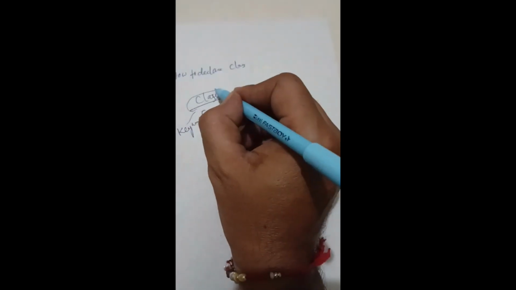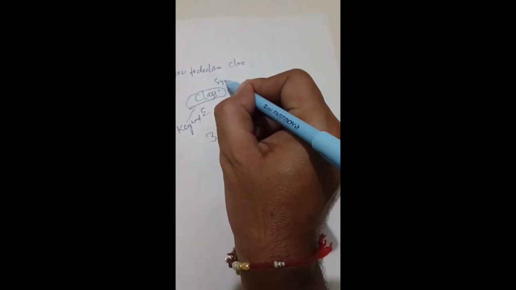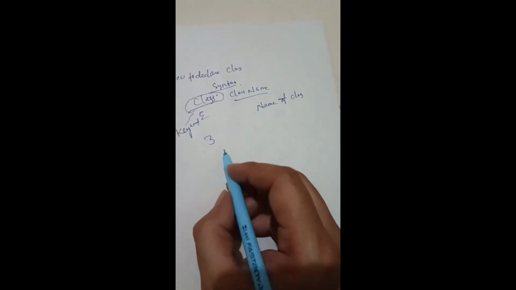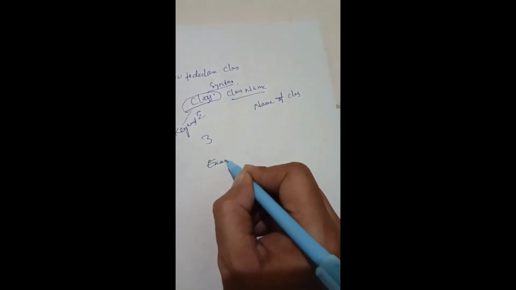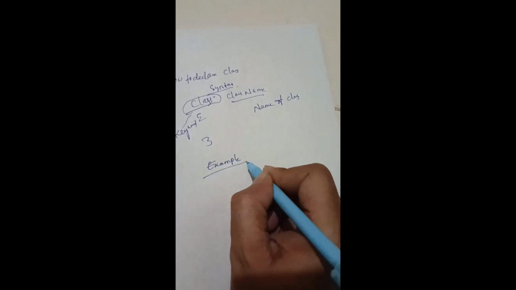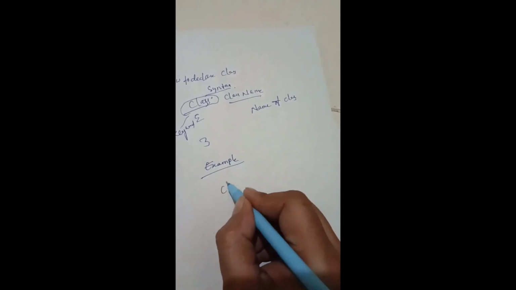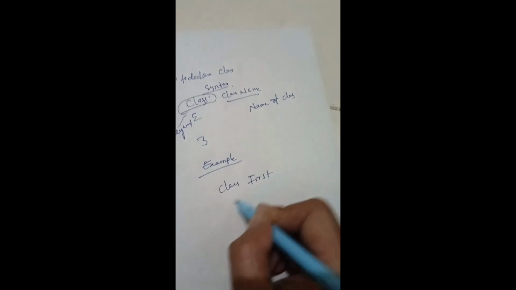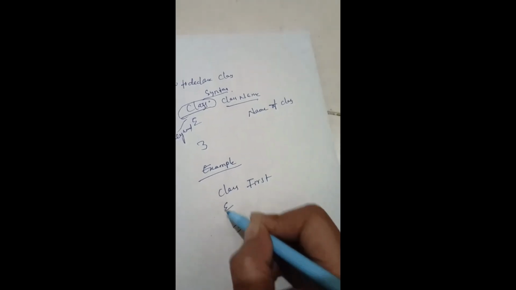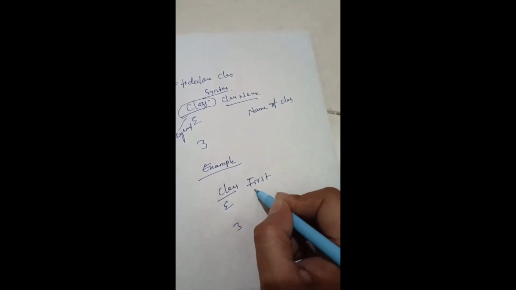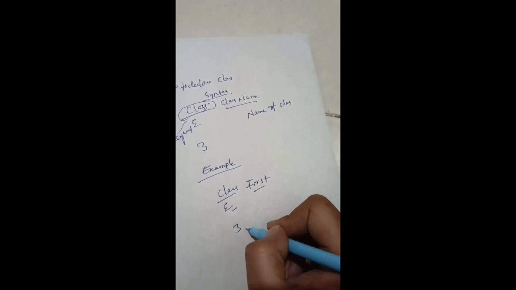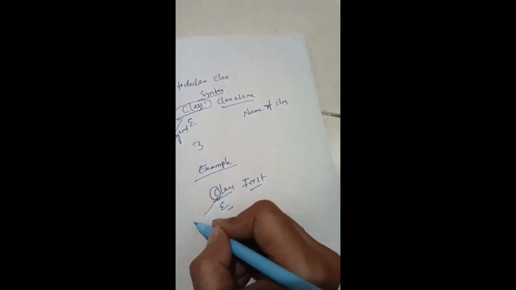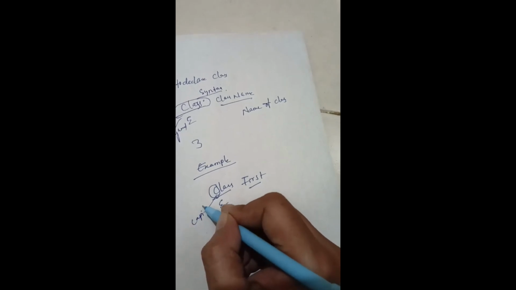Now this is called the syntax. Example of class: class, I say right first, open brace, close brace. Class is the keyword, class name here, open brace and close brace. In this class, C must be a capital letter.